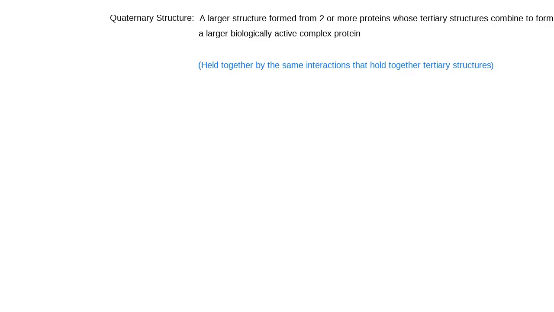So there are some things that can happen which will render a protein useless by destroying different levels of structure. These are the five different ways that you can denature a protein.